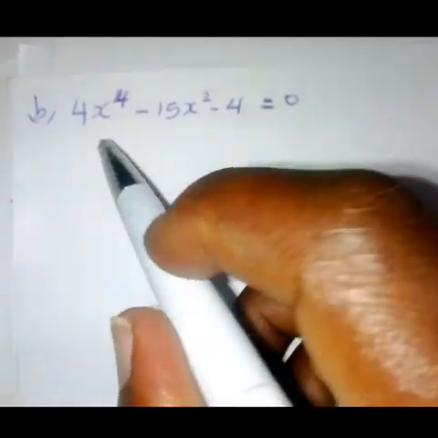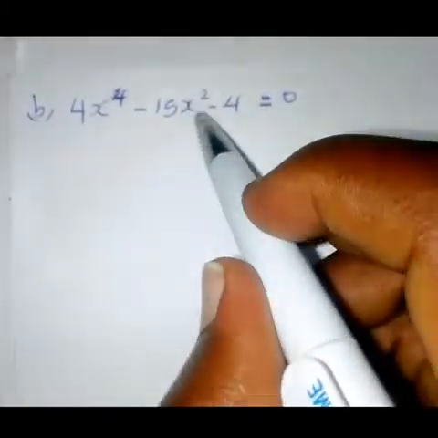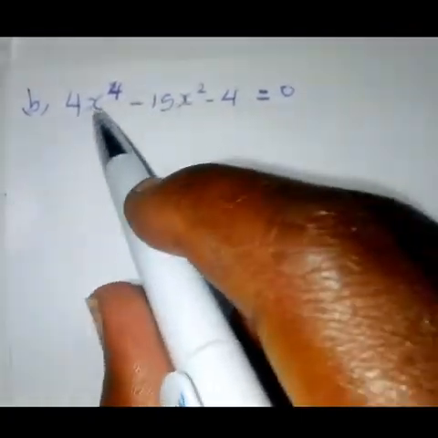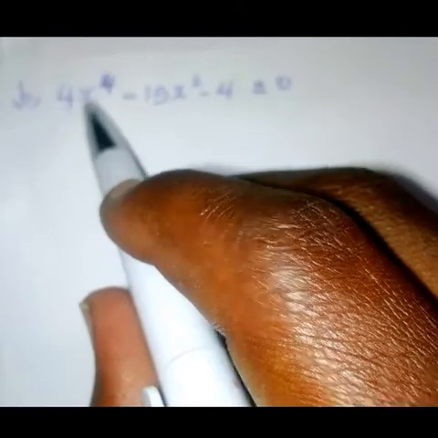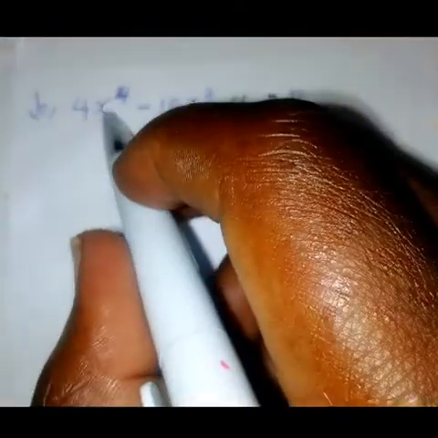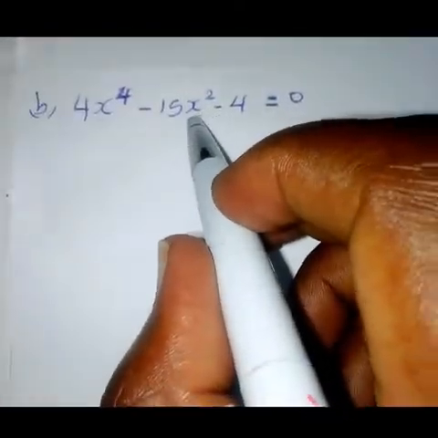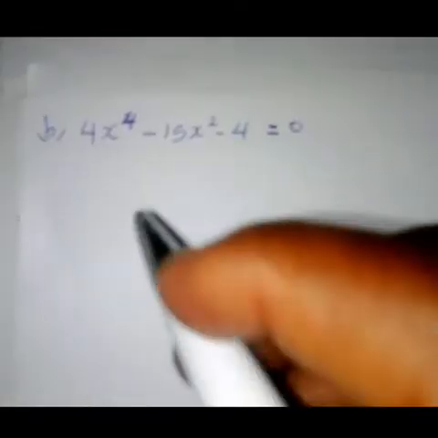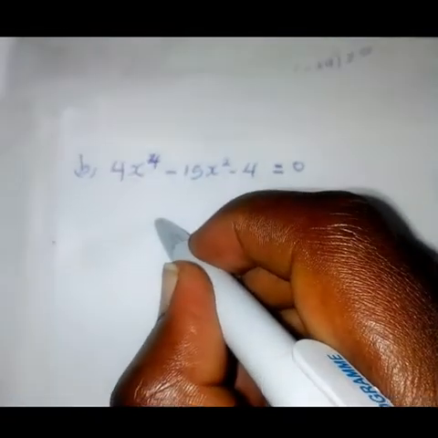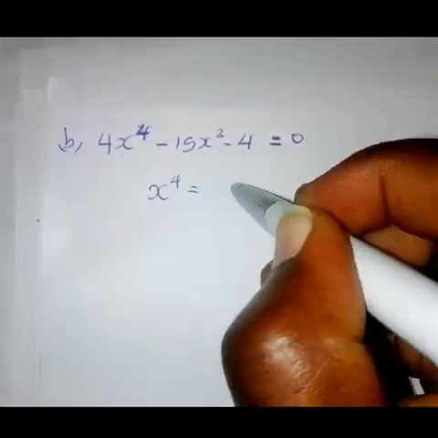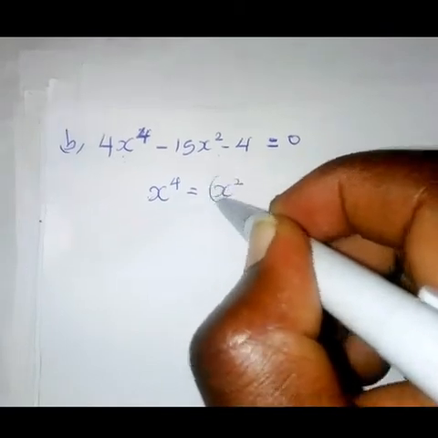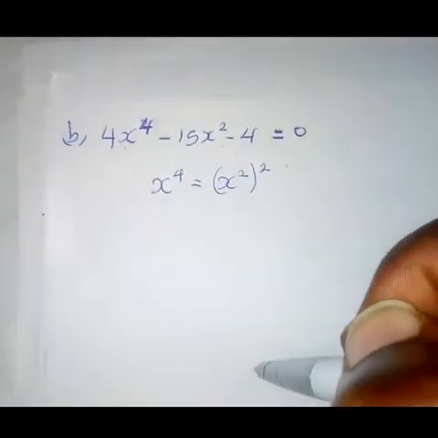So when you look here, our aim is to see if we can possibly find a quadratic equation. Now when you look at this thing here, you realize that I can break it down and write it in terms of x squared, this x to the power 4. How? So this is going to be x to the power 4 equals x to the power 2, again to the power 2.